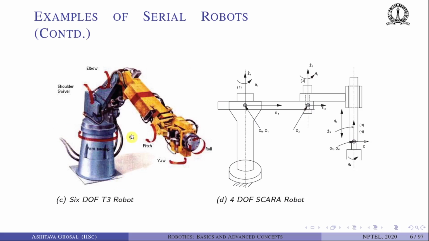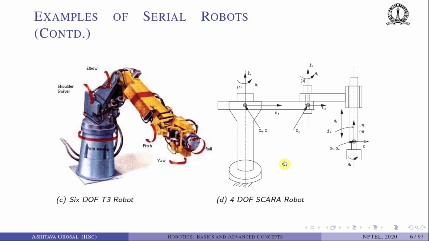This is the arm sweep as shown by this red arrow here. There is a shoulder swivel, there is an elbow rotation, and then there are these 3 rotations of roll, pitch, and yaw. So they are about 3 perpendicular axes. One of the few industrial robots where the wrist has 3 rotations about 3 perpendicular axes.